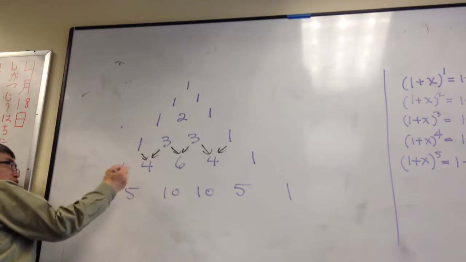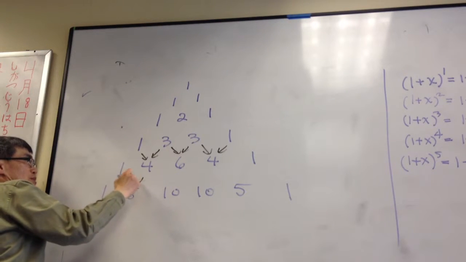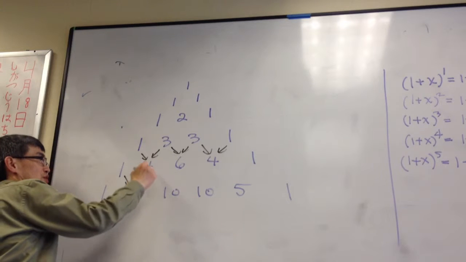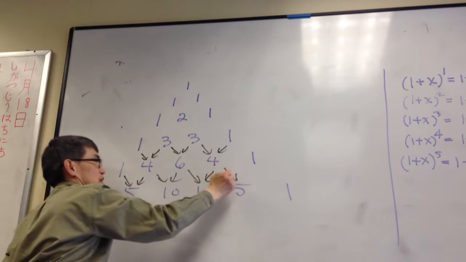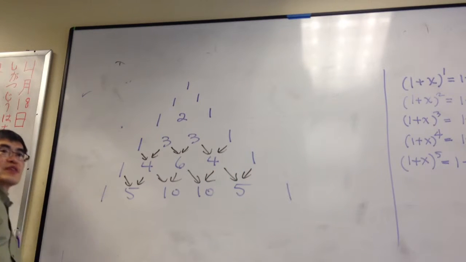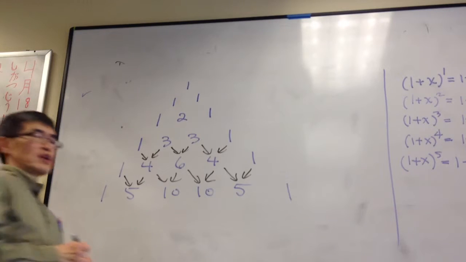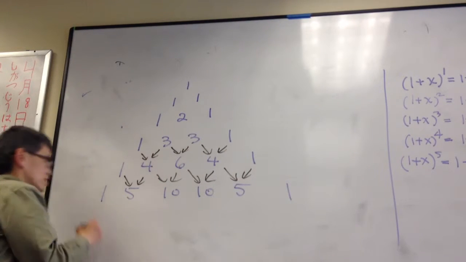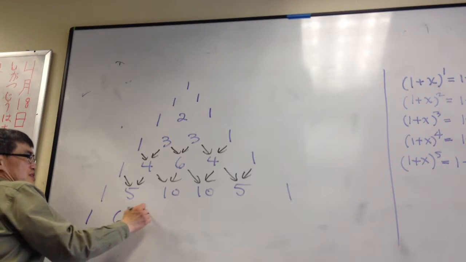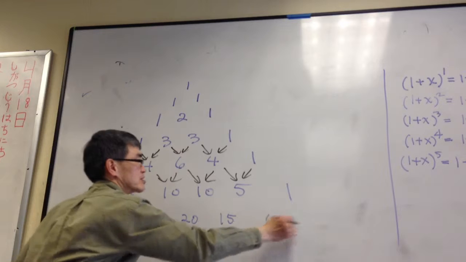And then if you go to the next row, start with 1 again. 1 plus 4 is 5. 4 plus 6 is 10. 6 plus 4 is 10. 4 plus 1 is 5. And you see that each row has perfect symmetry. Therefore, you can predict the next one, which is 1, 6, 15, 20, 15, 6, 1.